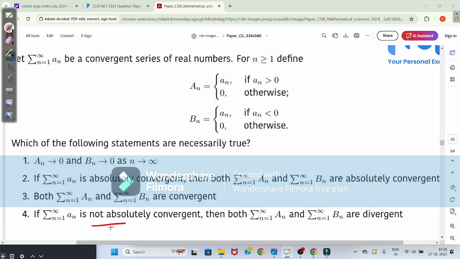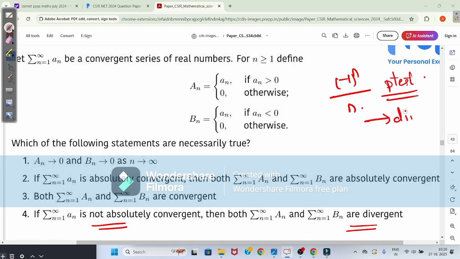When a_n is not absolutely convergent, then both are divergent. For checking this, take the previous example only, minus 1 whole power n by n. By p test, these both are divergent, a_n and b_n both are divergent.